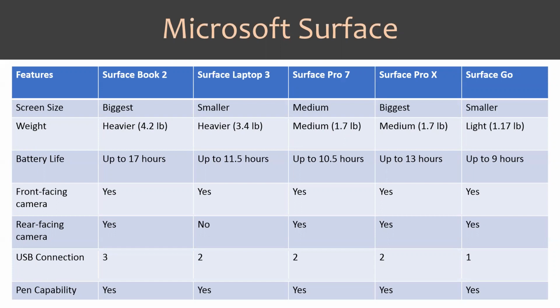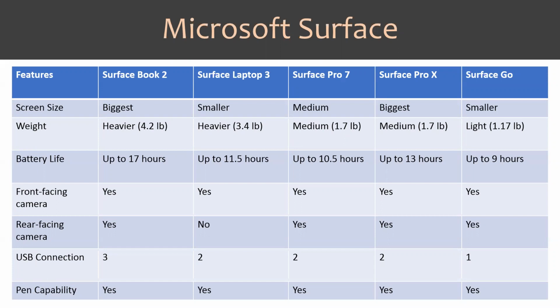The other thing that I want to point out that I think is really important is the number of USB connections. Oftentimes in these more tablet-like computers, we see less USB connections available for the computer. And so another reason why I purchased a Surface Book was because of the number of USB connections that are available.